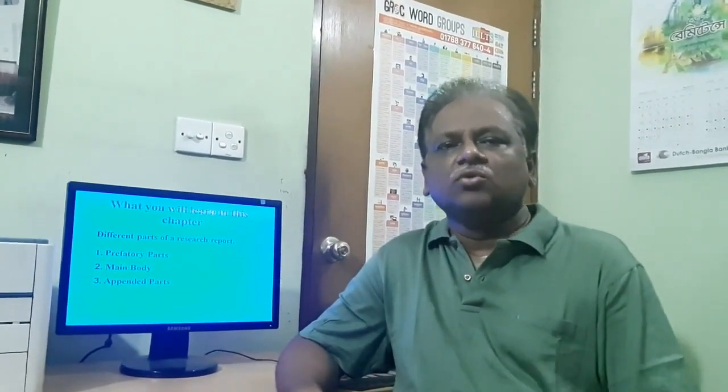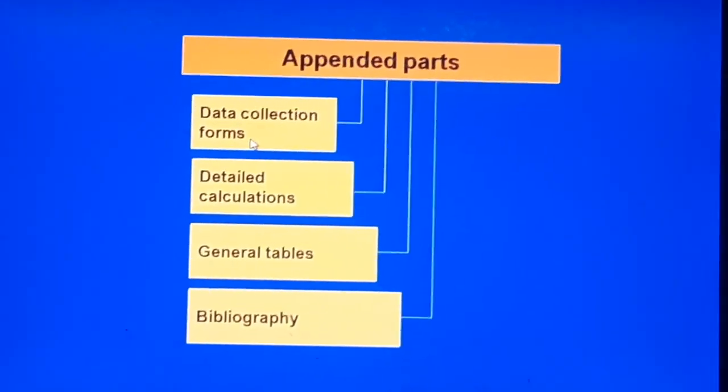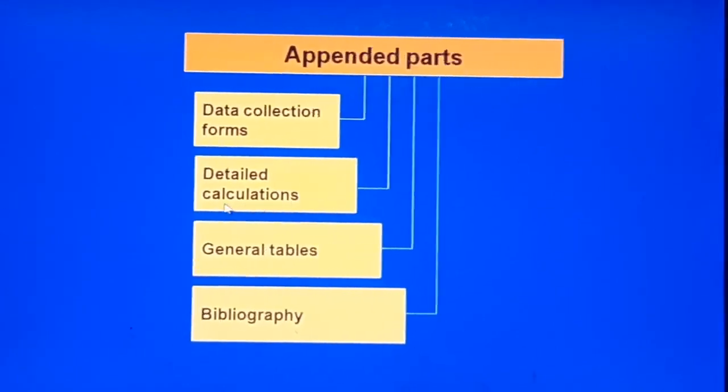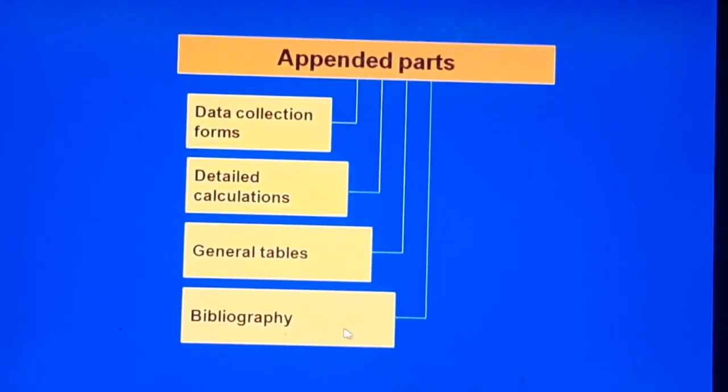The last part of a research report is the appended part. Under the appended part, there are subparts. Let us see what those subparts are: data collection forms or interview guide, detailed calculations, general tables, bibliography, and references.